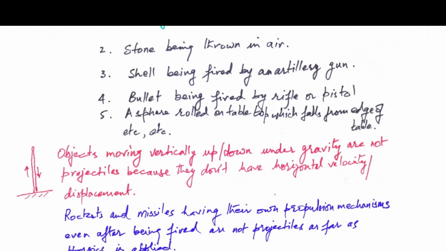Similarly, if a stone is being thrown, the moment the stone leaves the thrower's hand, gravity will start to act on it and it will become a projectile. The shell which is being fired by artillery gun, the moment it leaves the barrel becomes a projectile because it has no force which is pushing it after it leaves the barrel, and the gravity starts to act on it as it leaves the barrel.